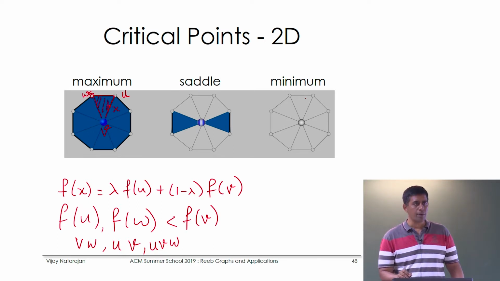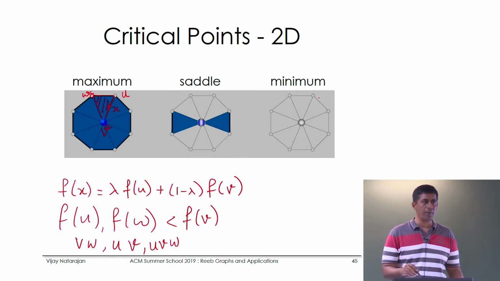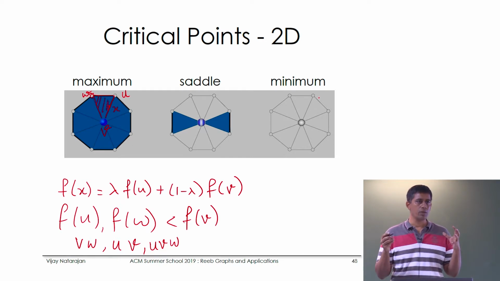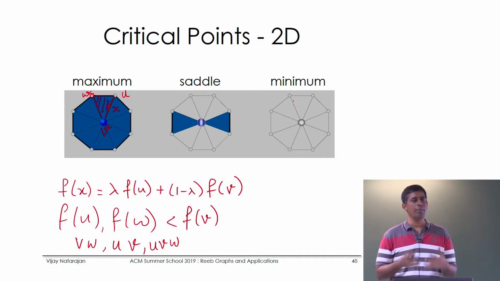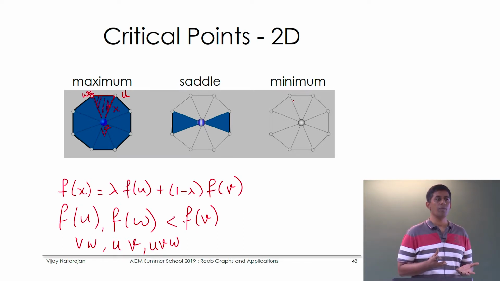The minimum, if I look at all points neighboring to me, they are all above me, right, which means that the lower star is empty, right. There can be no other points which are below me, so that already means that I am a minimum, right. Nobody in my neighborhood is below me, that means I am a minimum.